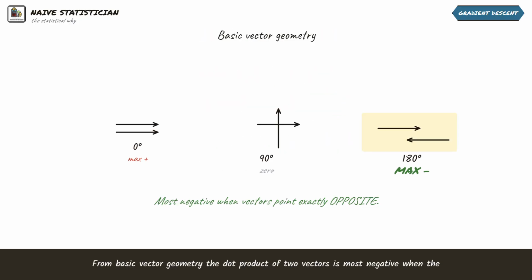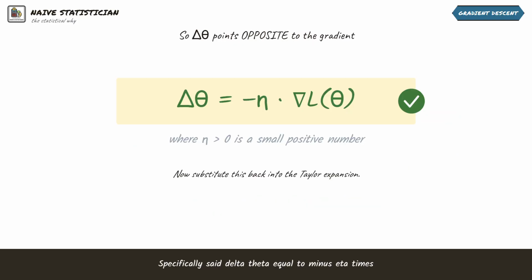From basic vector geometry, the dot product of two vectors is most negative when the two vectors point in exactly opposite directions. So delta theta should point in the opposite direction of the gradient. Specifically, set delta theta equal to minus eta times the gradient of L, where eta is a small positive number.